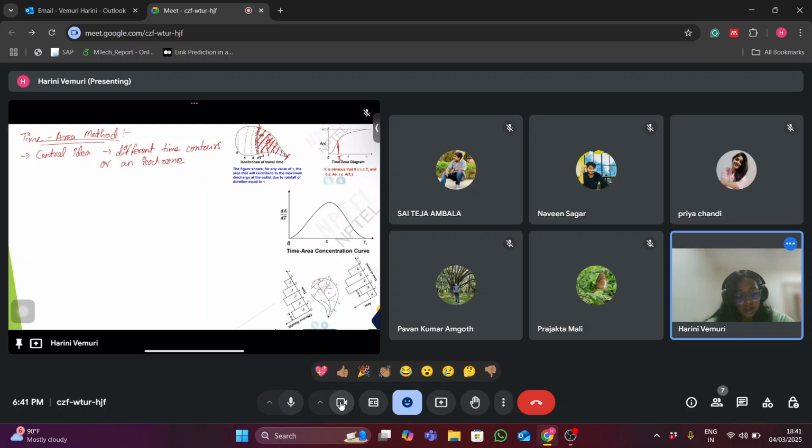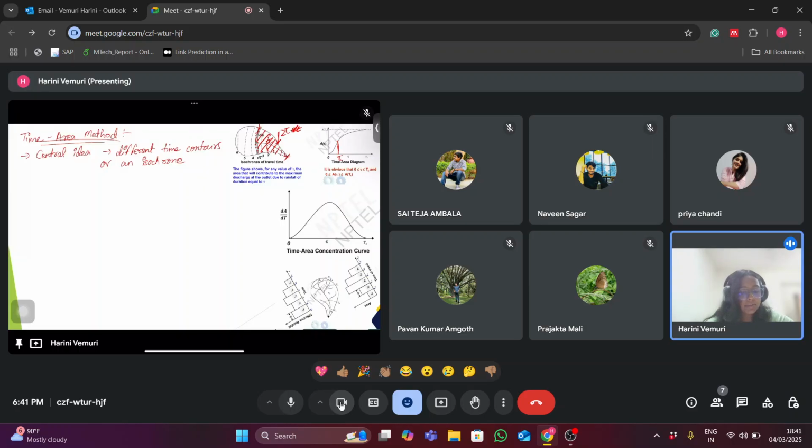Whatever water falls in this area will take less time than that. If the rainfall continues for 2 tau time, then whatever rainfall is falling here will also reach the outlet, right? So this entire area will be contributing to this outlet.